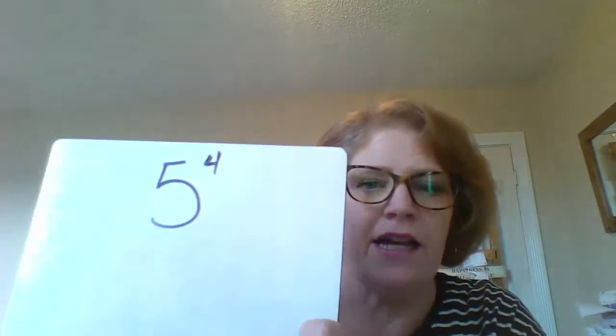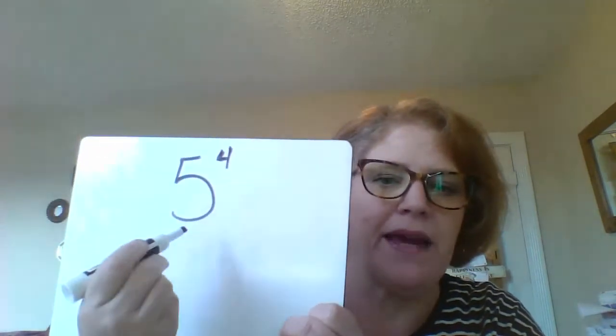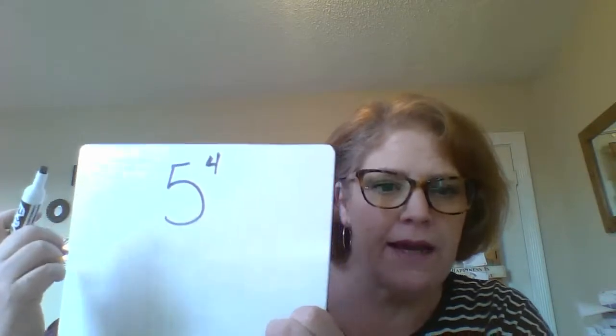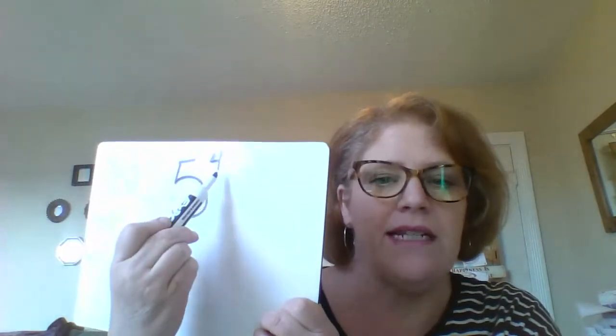Today, we're only going to learn one extra word that we need to know, and that is standard form. But just to review, when you have a number and you raise it to a power, you are taking this number, which is the base, and multiplying it by itself that many times.